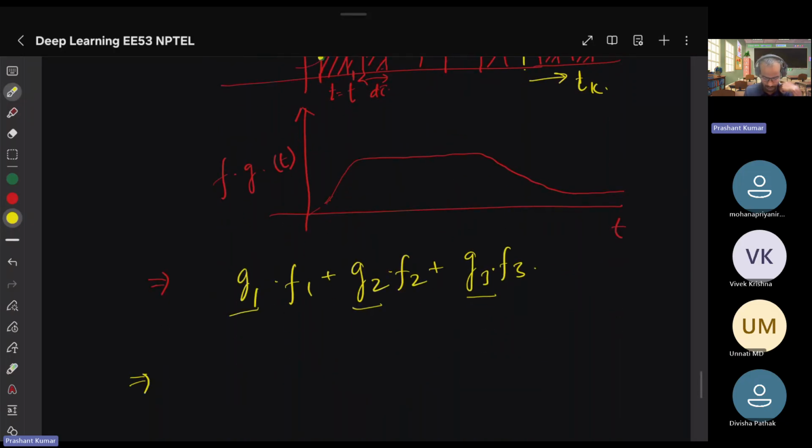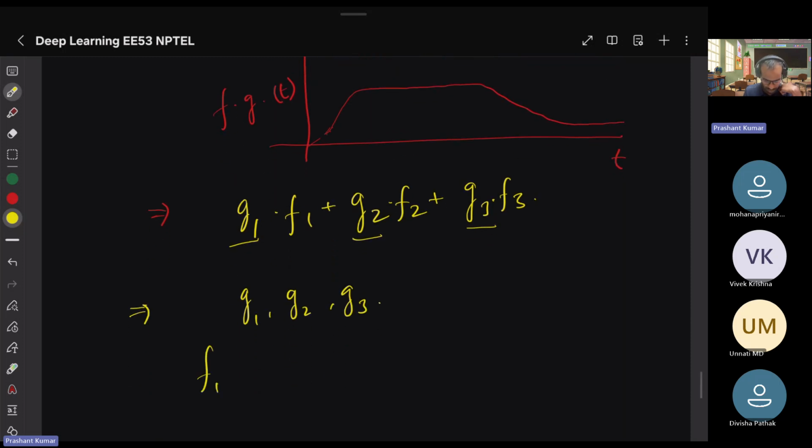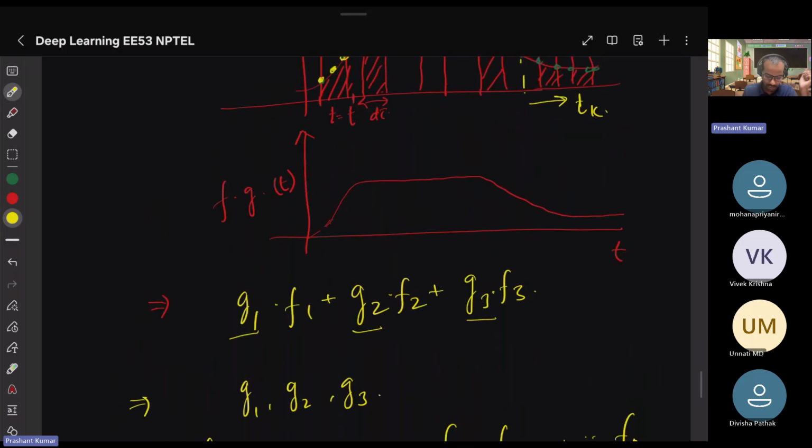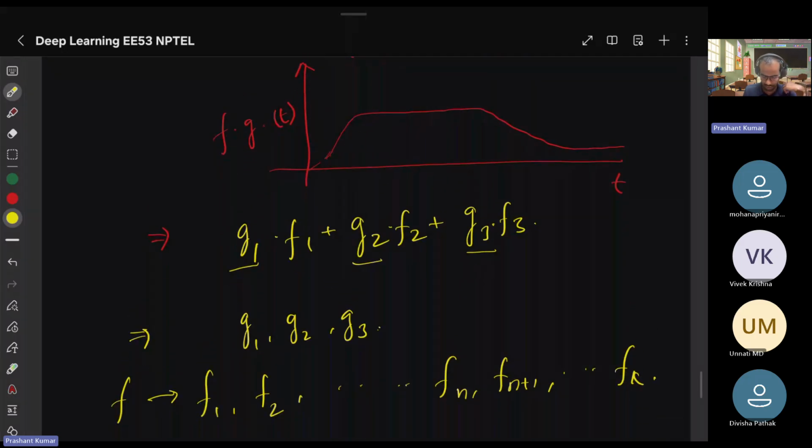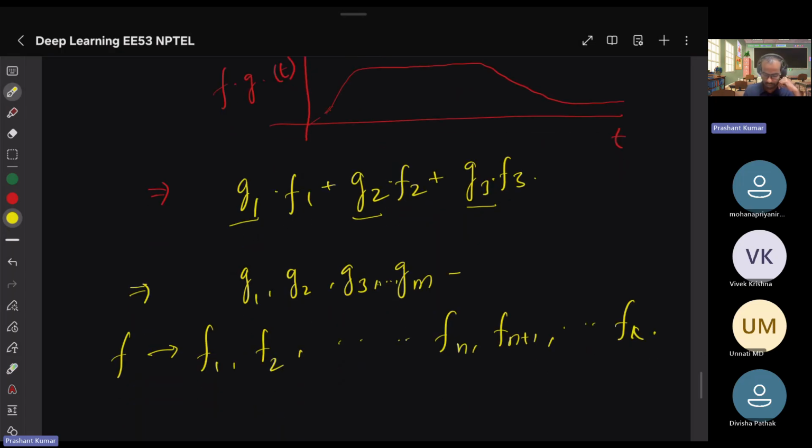In this case, you can define G as G1, G2, G3, and F is defined as F1, F2 up to Fn plus 1 up to Fk, let's say. And instead of 3, if there are M values overall, you can call this G1 up to GM. So this is the kernel and this is the function.